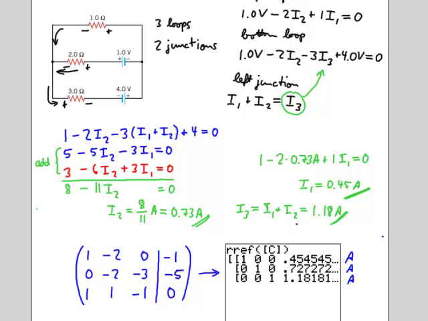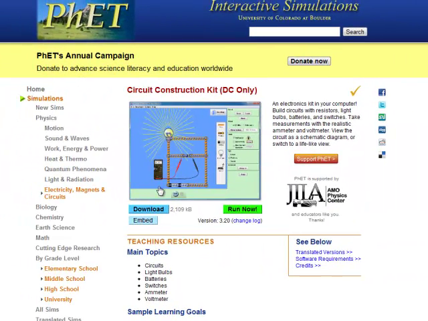And then I do want to show this using the applet.